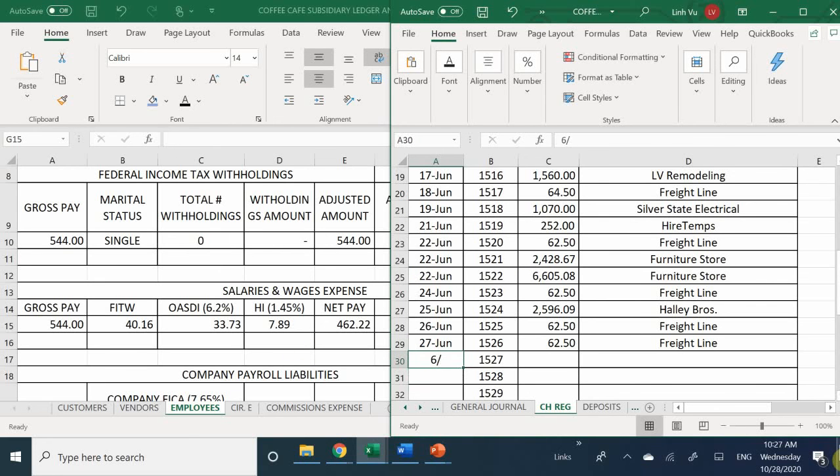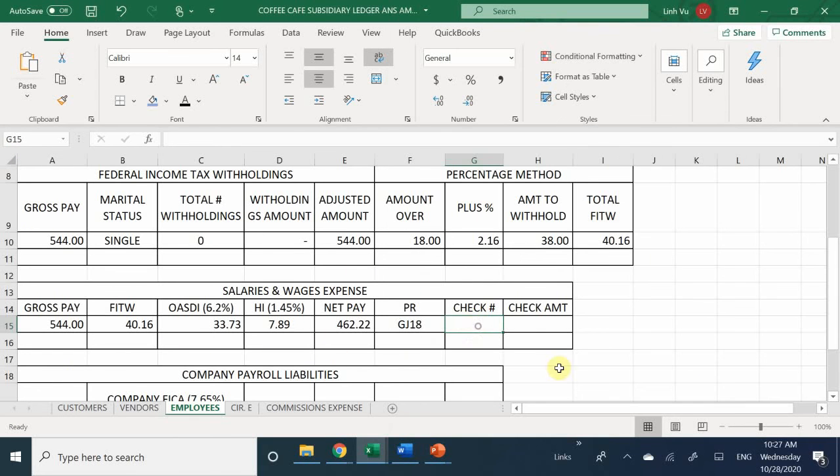We're going to write the amount of the check for $462.22, and this check is going to be made out to Irene Jameson, for $462.22, and it's check number 1527.